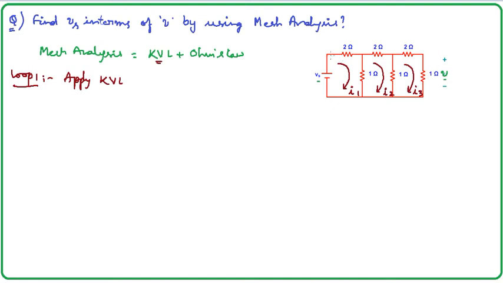As current is flowing in this way, this part should be positive and this part should be negative, and similarly this is positive and this is negative. I am talking about positive and negative based on current I1.